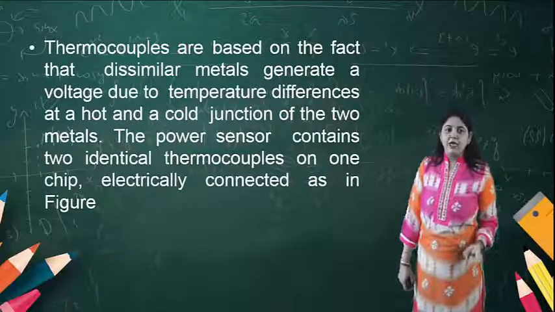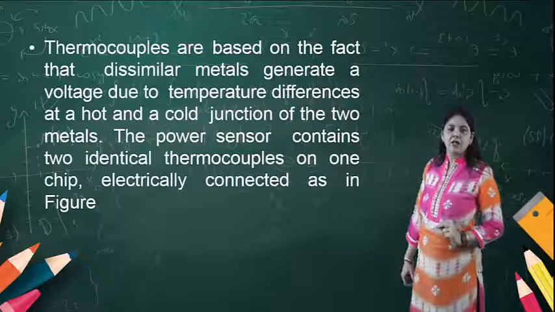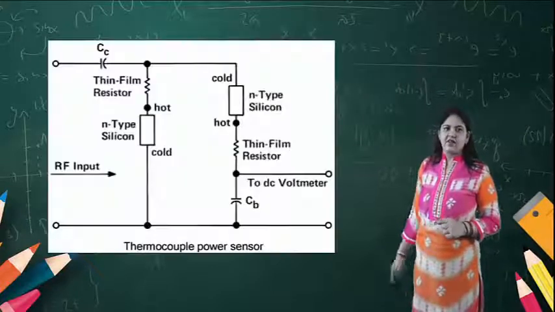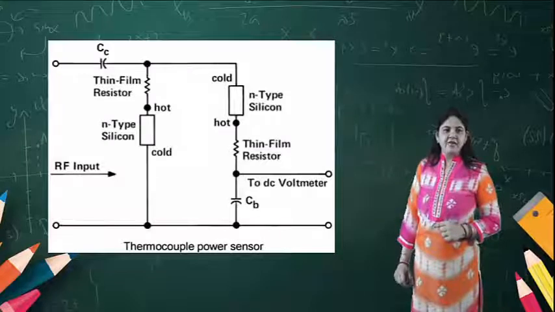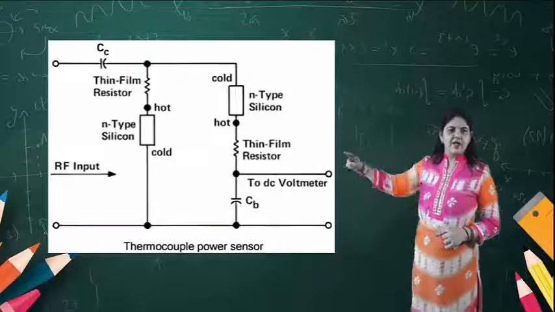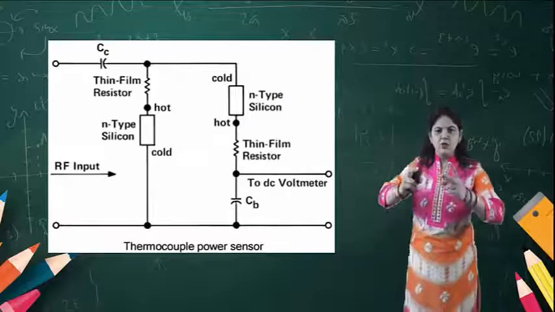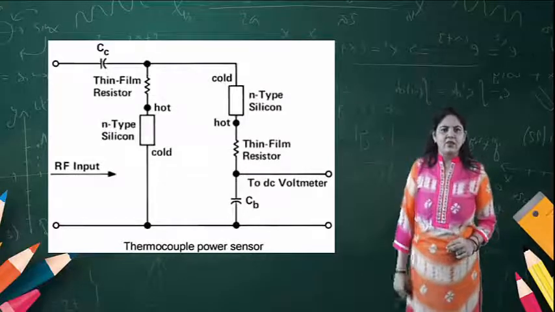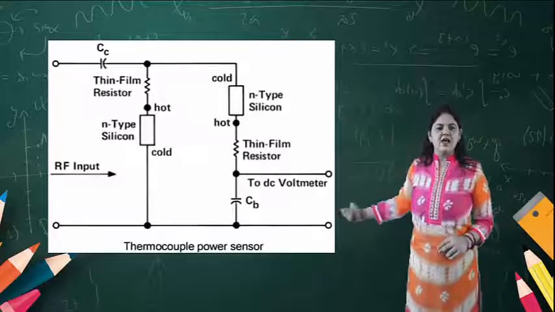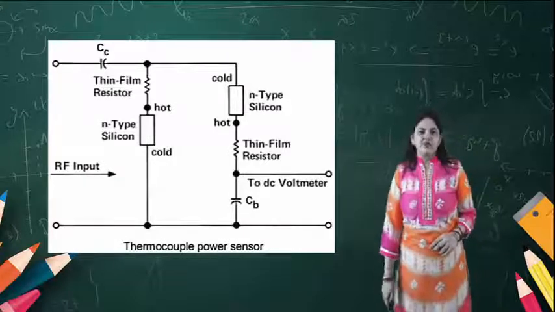The power sensor contains two identical thermocouples on one chip, and they are connected electrically. Here you can see the diagram in which the thermocouple power sensor is connected. Over here is the N type silicon, and here again the N type silicon. There are the two junctions, hot junction and cold junction, and the RF input is applied to this, and the output we observe is connected with the voltmeter.